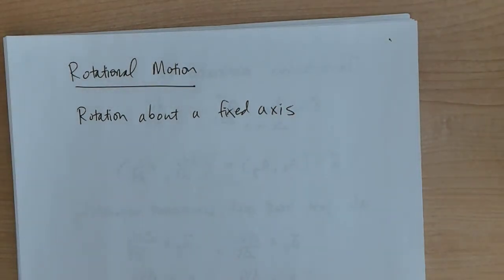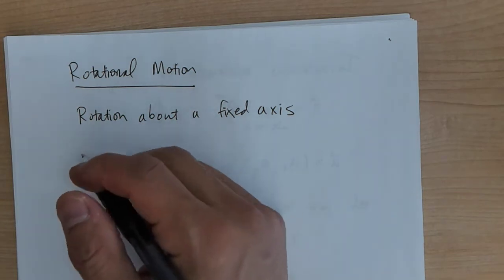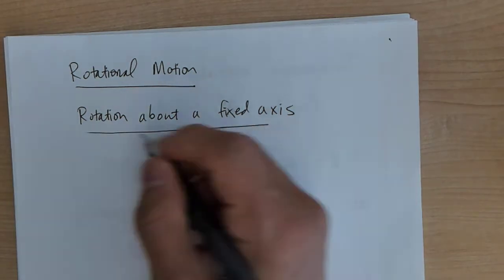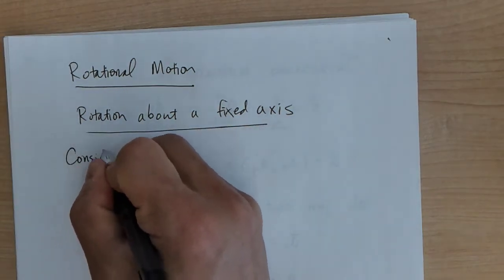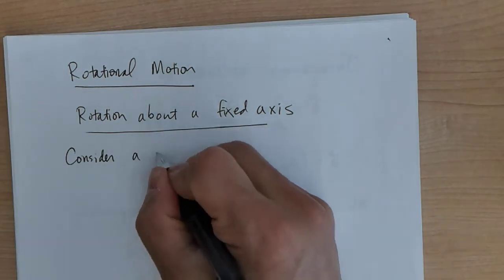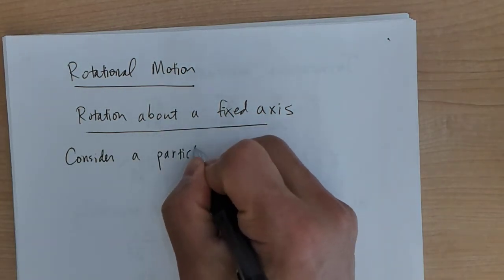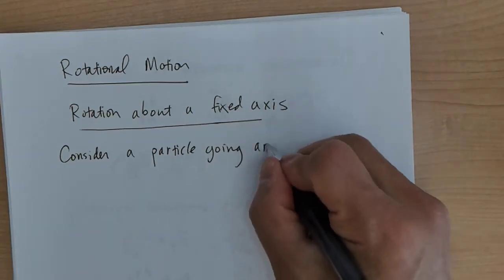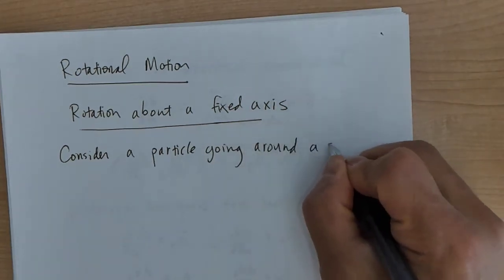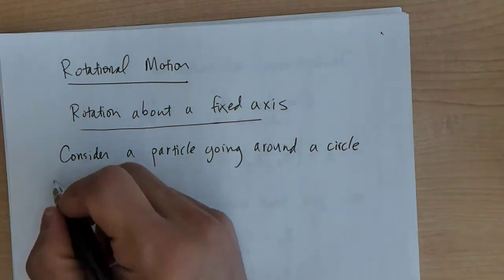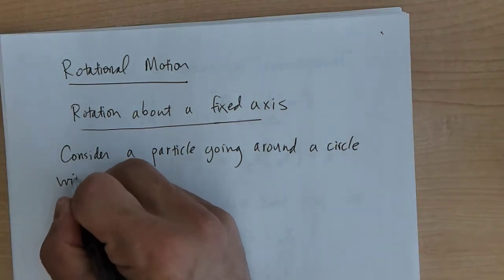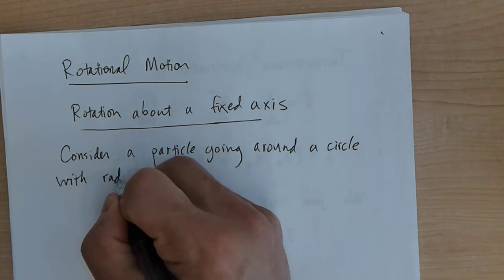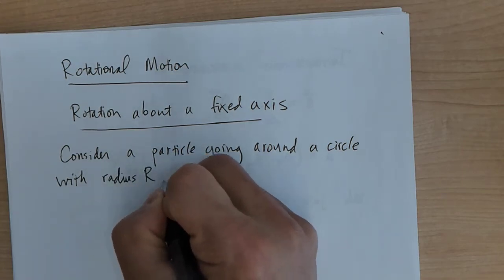Okay, but we're going to relate this to a particle going around a circle. Consider a particle going around a circle with radius capital R.